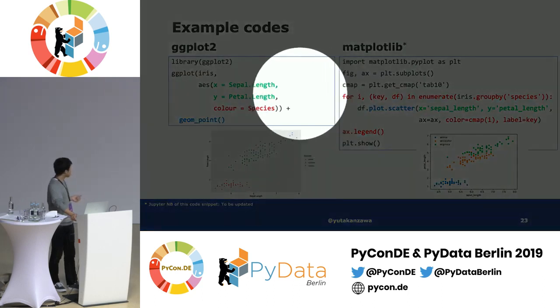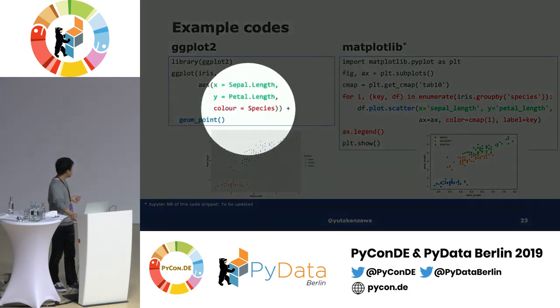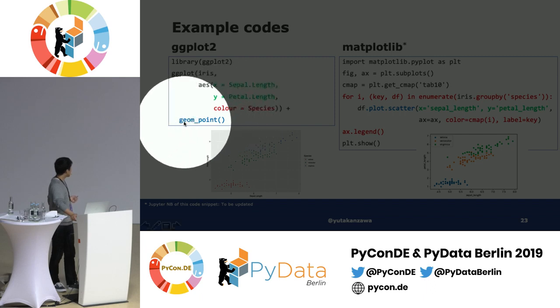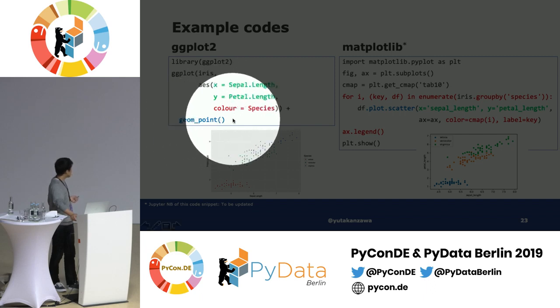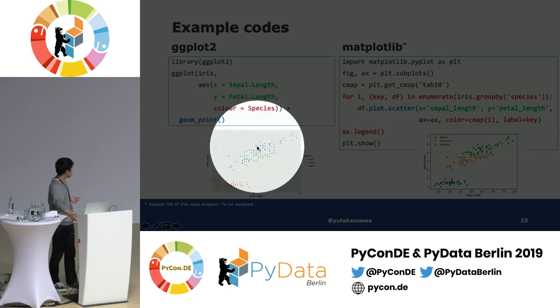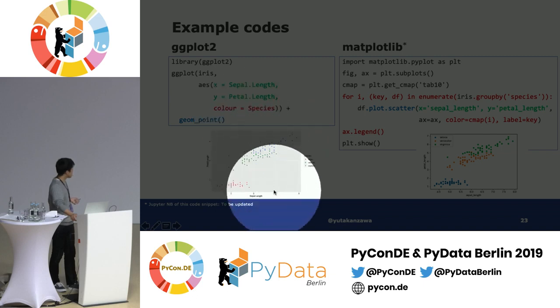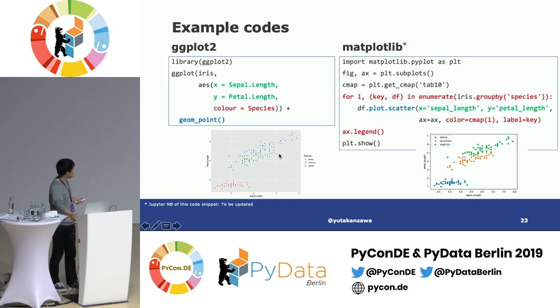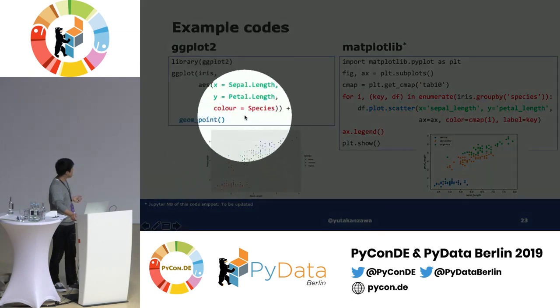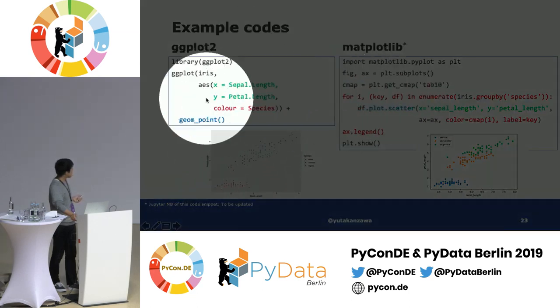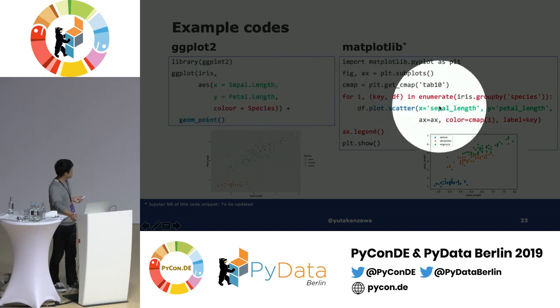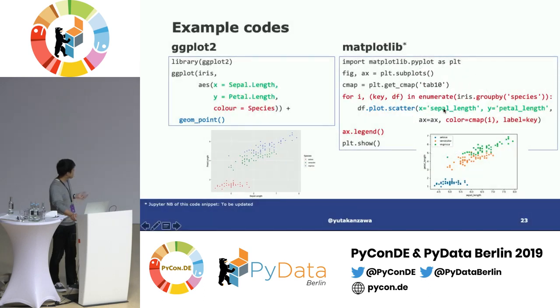And then with the plus mark, I call the geom_point layer function to make a scatter plot. As you can see, color grouping is really different in ggplot2 and matplotlib. ggplot2 is much simpler. This is another feature I like.